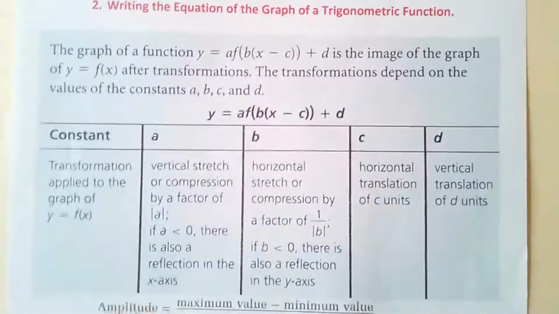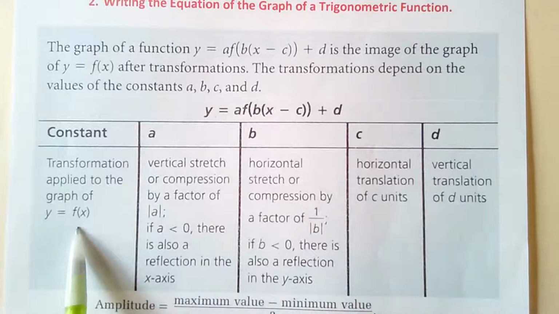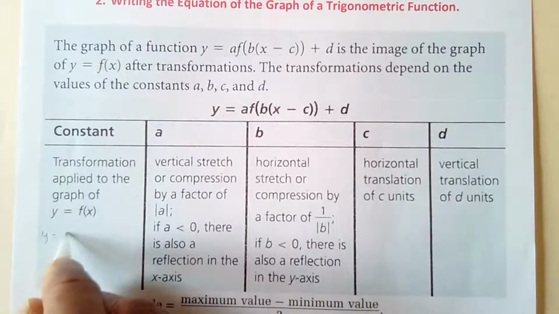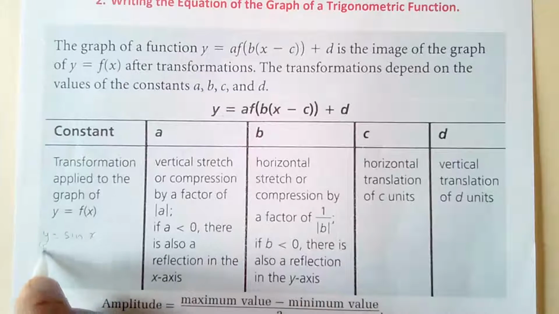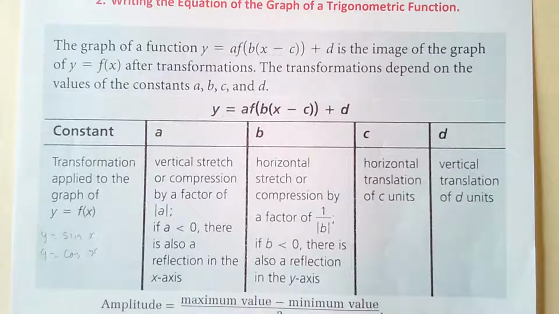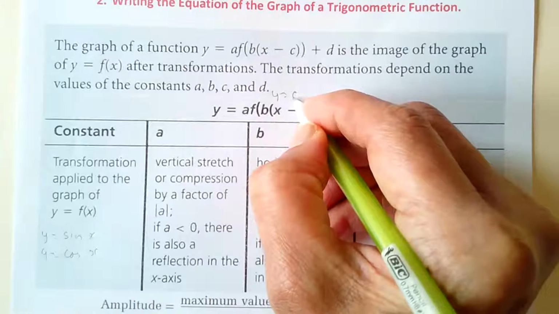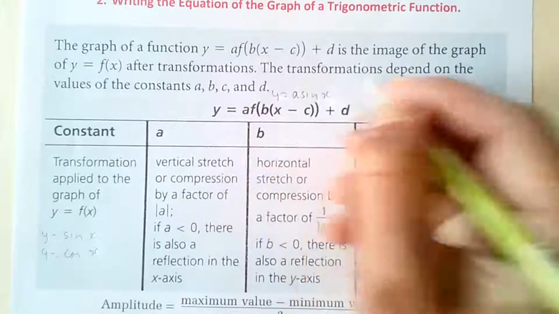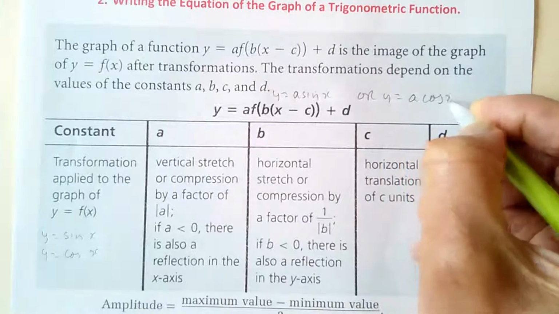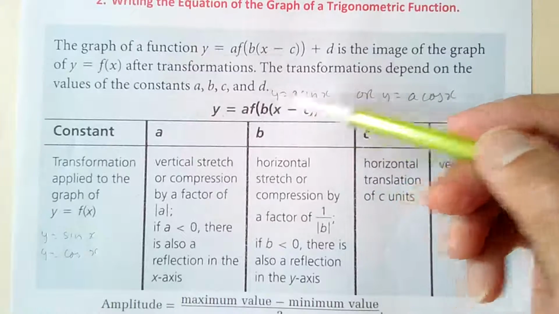I'll post this in the blog. So here's your basic y equals sine x graph or cos x. So we can say y is equal to sine x or y is equal to cos x. So from y equals a sine x or y equals a cos x, the translation occurs here, where you may have the b changes.